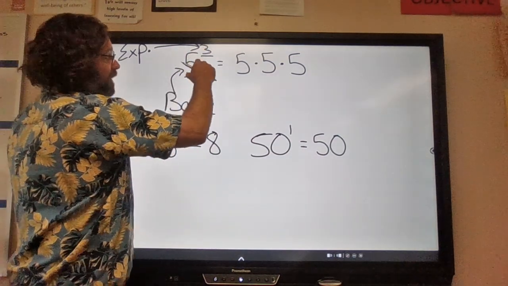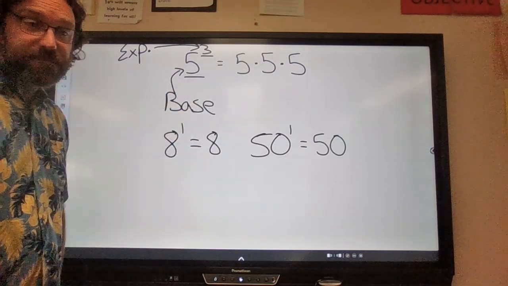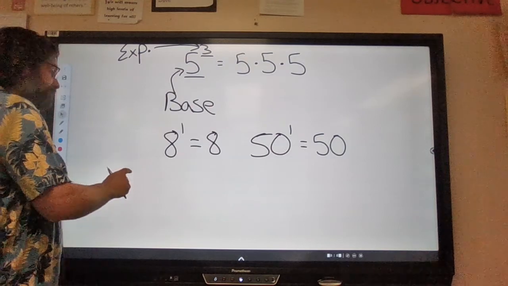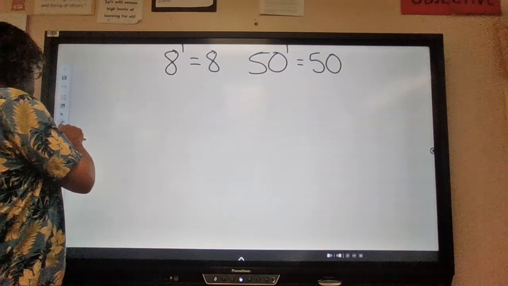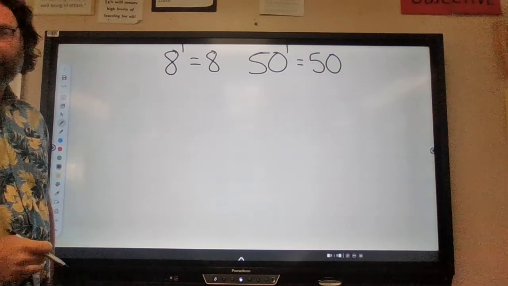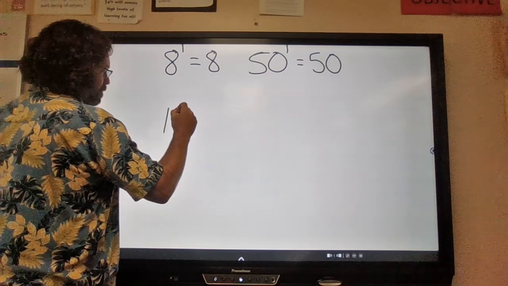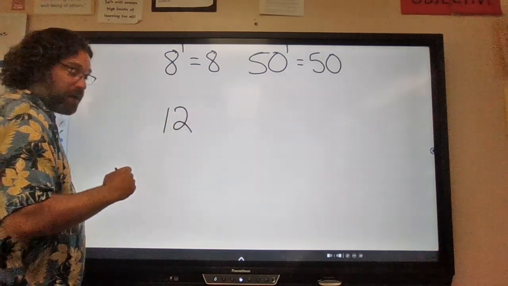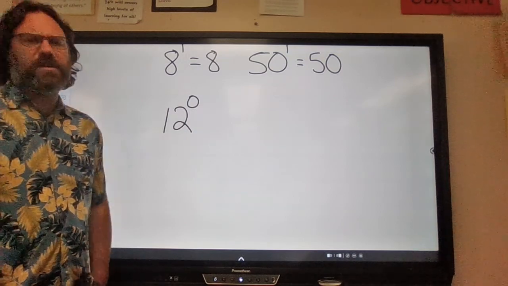If I have it up here, like with the 5 to your third power, 5 times 5 times 5. All right, let me give you one more. This one is a little tricky. What if I give you a base of 12 and an exponent of 0?